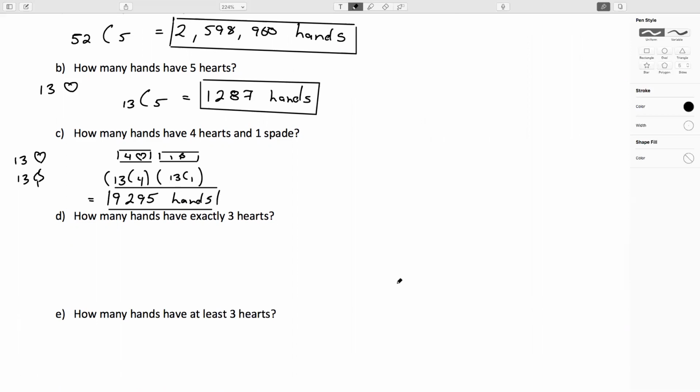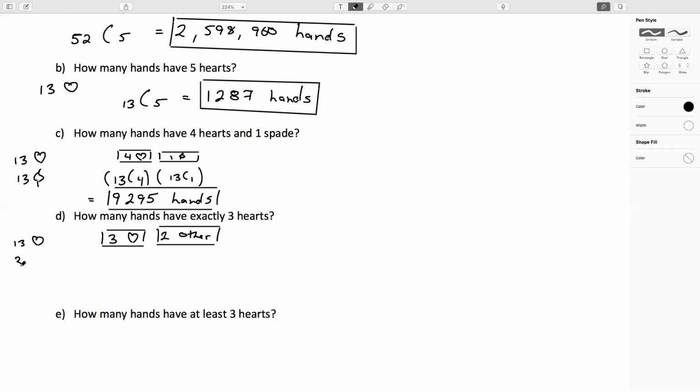How many hands have exactly 3 hearts? So if we have exactly 3 hearts, that means that we can have 3 hearts and we can have 2 other. And the 2 other can be anything. So we have to think about what pool of cards we are pulling out of. We've got 13 hearts. There's 52 cards in the deck.